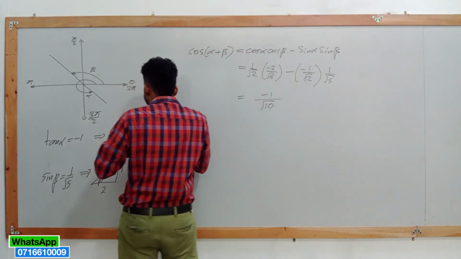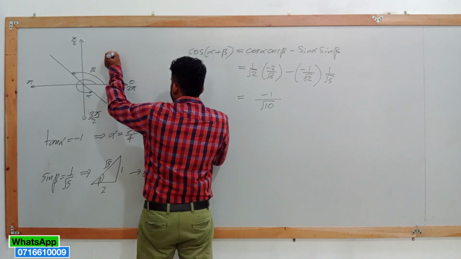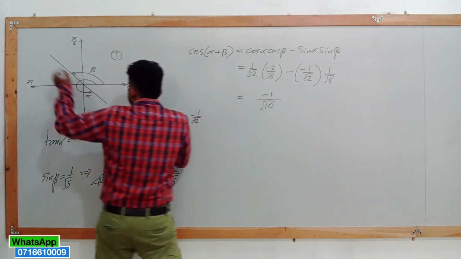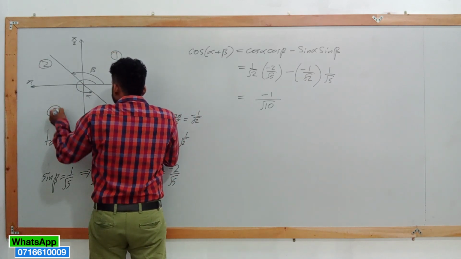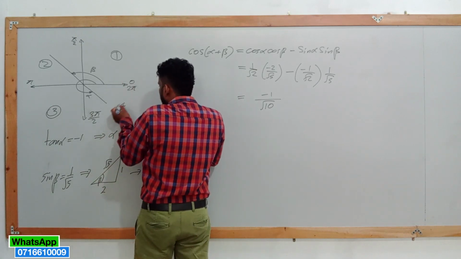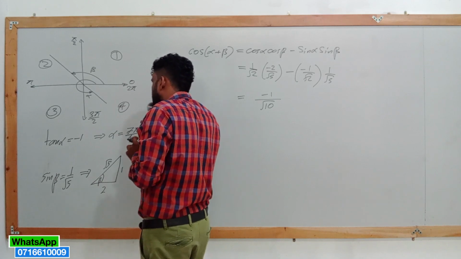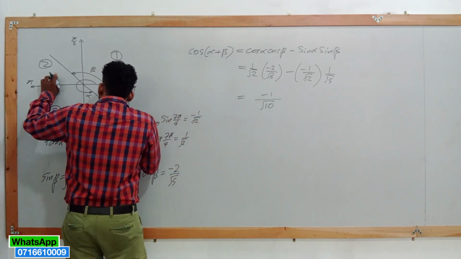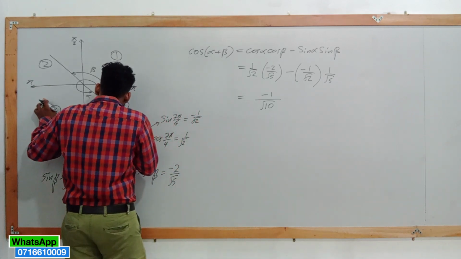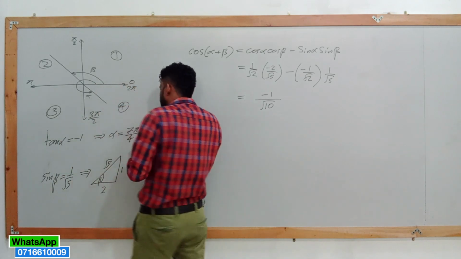Because of that, here normally you know that this is the first quadrant, this one second quadrant, this one third quadrant, this one fourth quadrant. Here all sine, cos, tan, everything is plus. Here sine only plus, here tan only plus, here cos only plus, right?